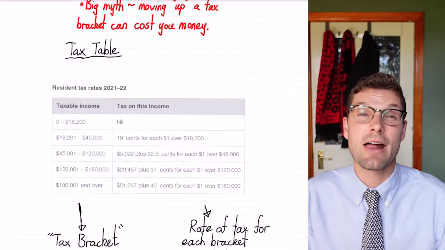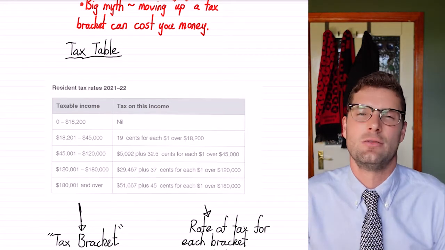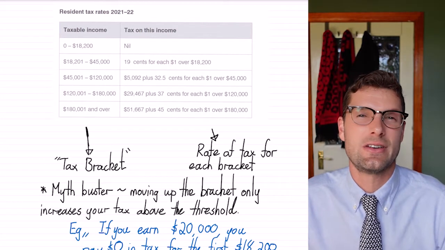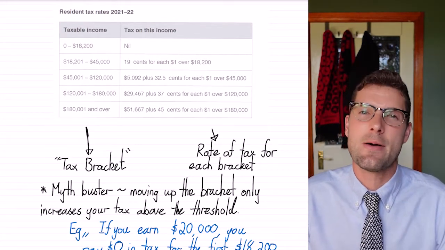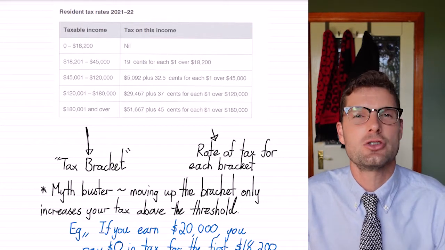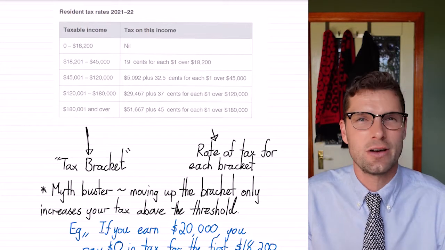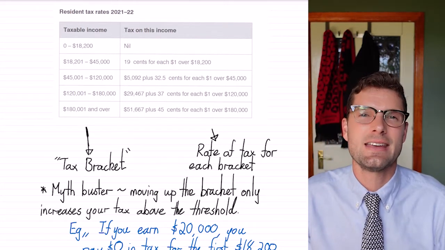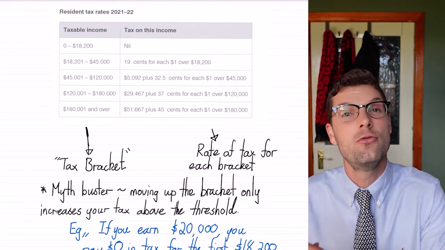So this is the Australian tax table for 2021-2022, and we're going to learn how to read it. This first column is called the tax bracket. Once you've seen in the question how much money is earned, the first thing you've got to do is identify which tax bracket this one's in. Once you've done that, you're going to be fine. The second column is how much you get taxed over that amount.